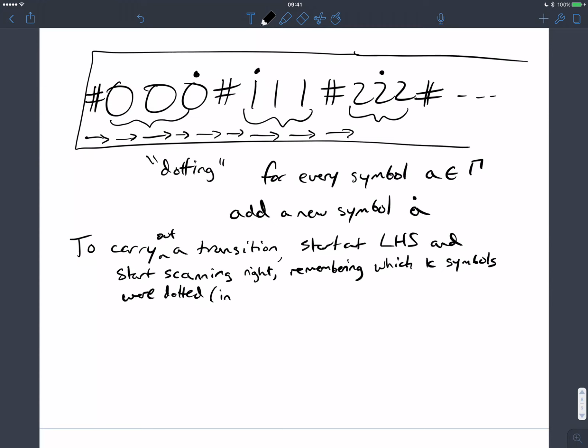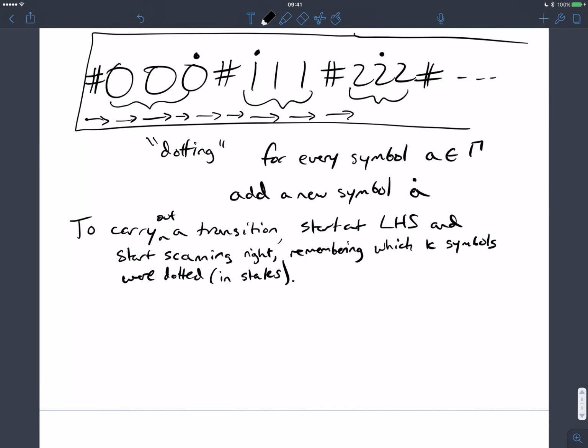And I'll put in parentheses, in states. So I'm going to have a ginormous number of states to remember, but it's finite. That's the important thing. And it's fixed, which is even more important. Okay?